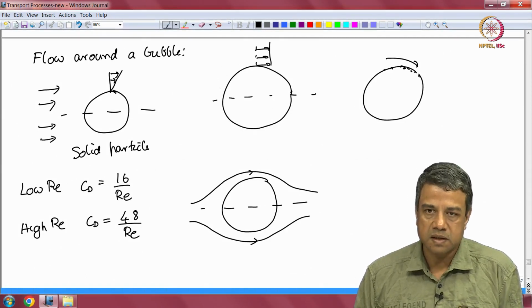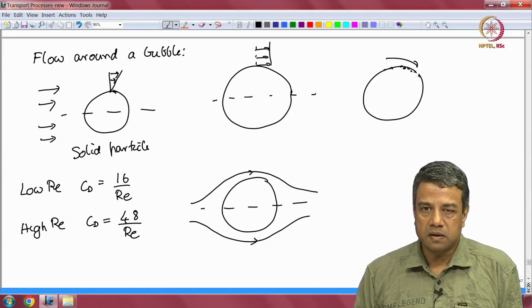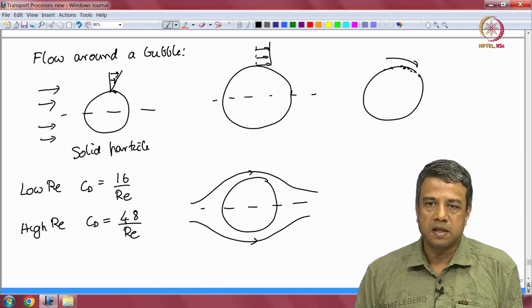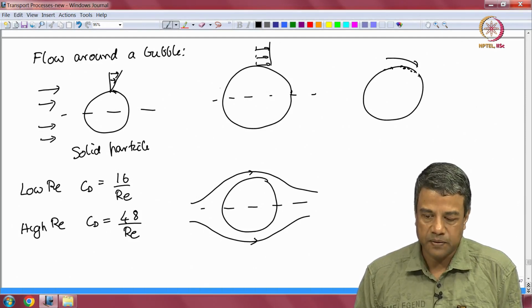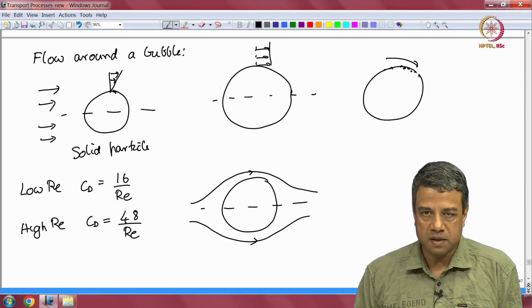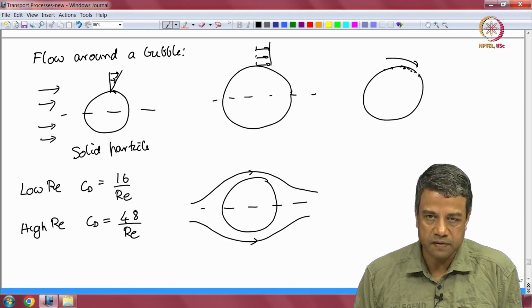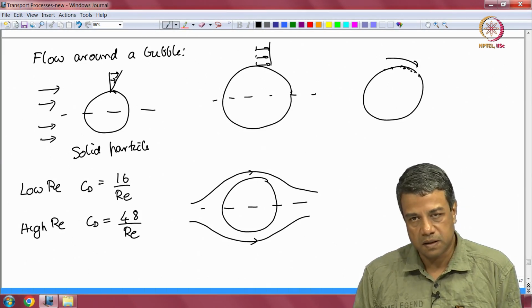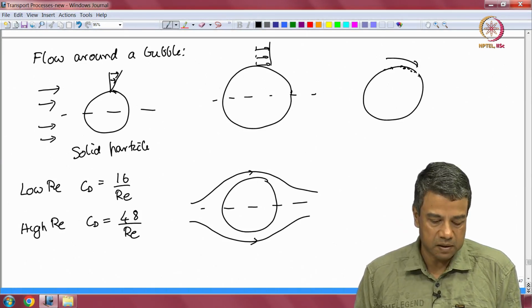In both cases, these correlations apply only if the bubble surface is clean, in which case you can apply a zero stress condition. If there are molecules on the surface which tend to increase the surface tension and make the surface rigid, then you cannot apply these. It will be similar to what we had for a particle.